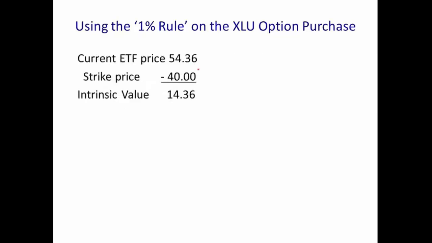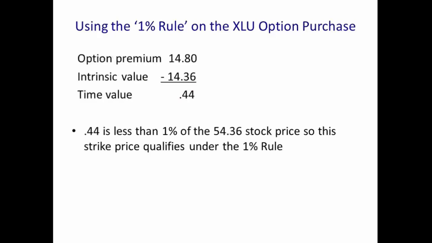So again, the current ETF price is 54.36. If we subtract the strike price of 40, we come up with an intrinsic value of 14.36, and the total option premium was 14.80. If we subtract that intrinsic value of 14.36, we come up with a time value of 0.44 or 44 cents.